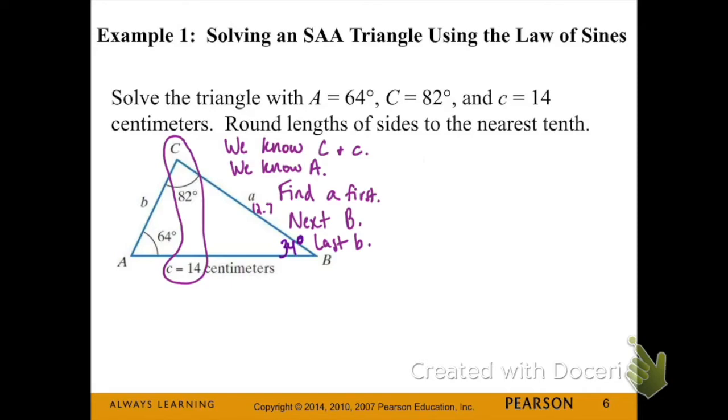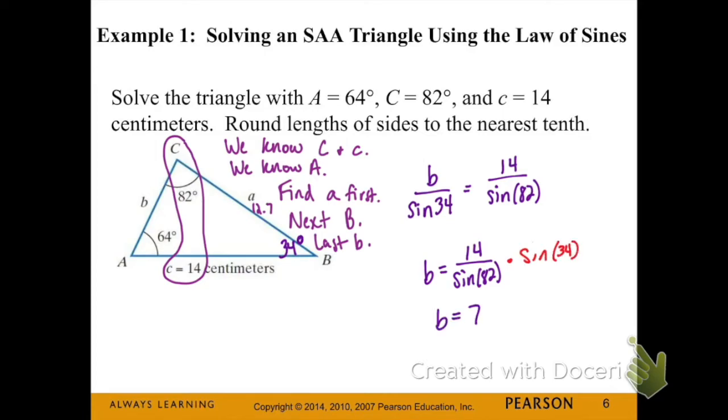So I'm going to have side b divided by sine of B equals side c divided by sine of C. Multiply over sine of 34, and we get b equals 7.9. So the three answers that we need for this problem are side a equals 12.7, angle B equals 34 degrees, and side b equals 7.9.